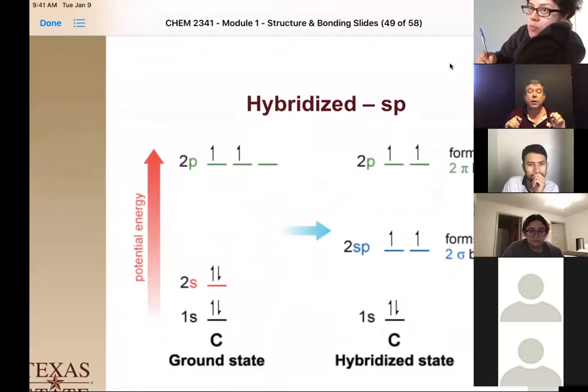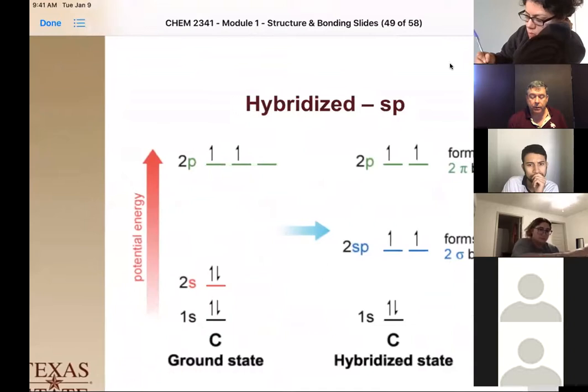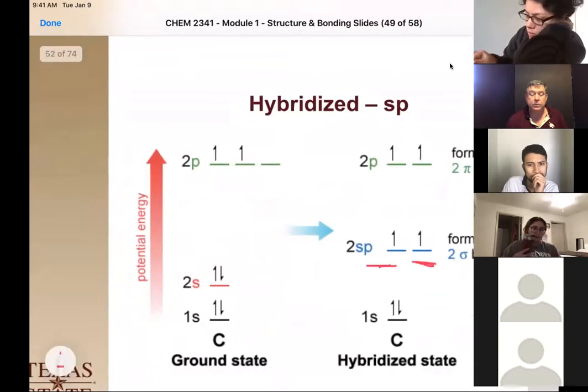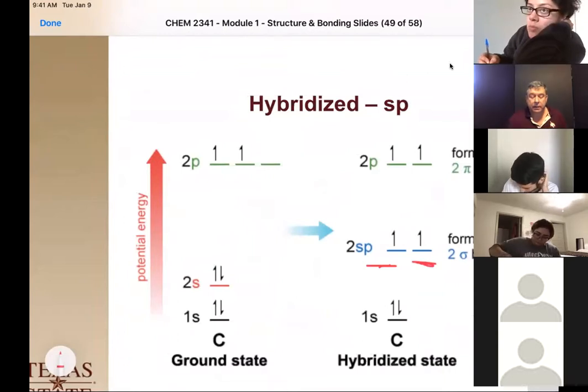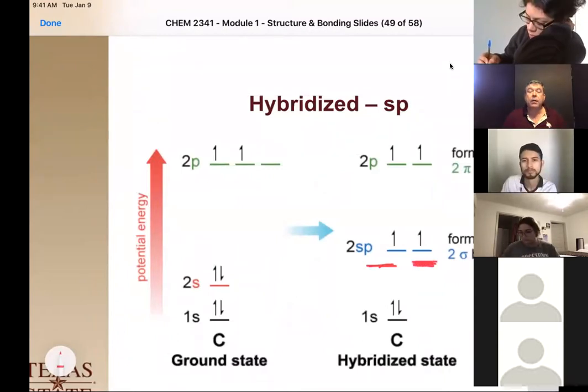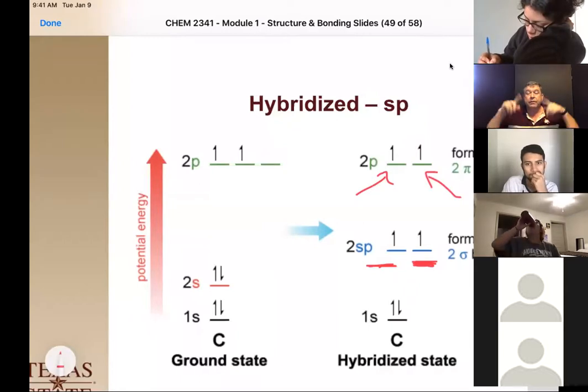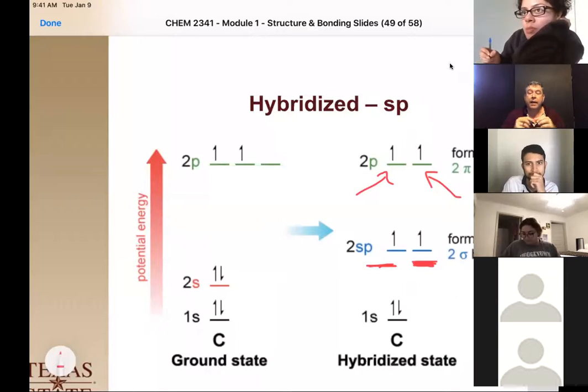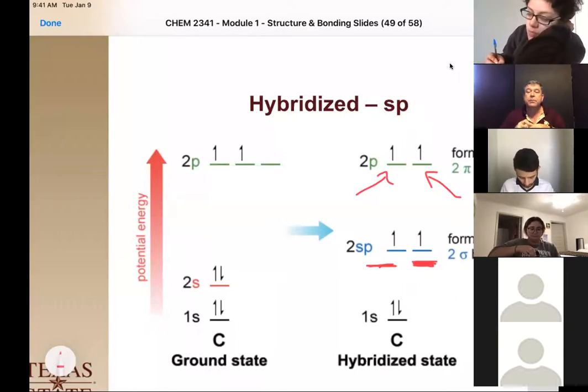Okay, so if we did this, that means we would have a total of 2 electronic zones that would form sigma bonds, meaning these 2 electrons down here are going to form linear sigma bonds between 2 atoms. And we have a total of 2 possible pi bonds above and below, or outside of, that direct bond between those 2 atoms, to make 2 pi bonds.